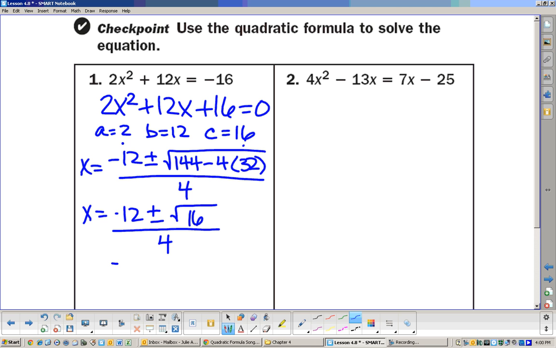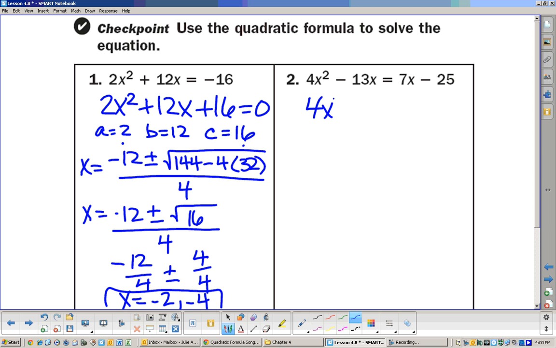So I have negative 12 divided by 4 plus or minus 4 over 4. So what do I have? Negative 3 plus or minus 1. So negative 3 plus 1 is negative 2, and negative 3 minus 1 is negative 4. There's my 2 solutions.